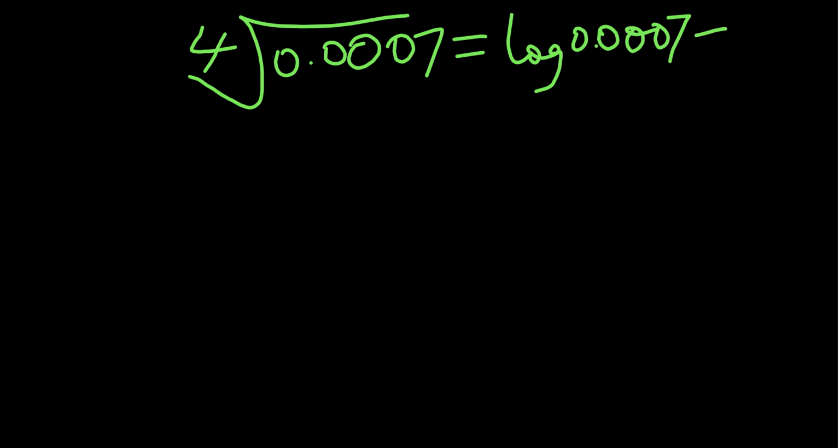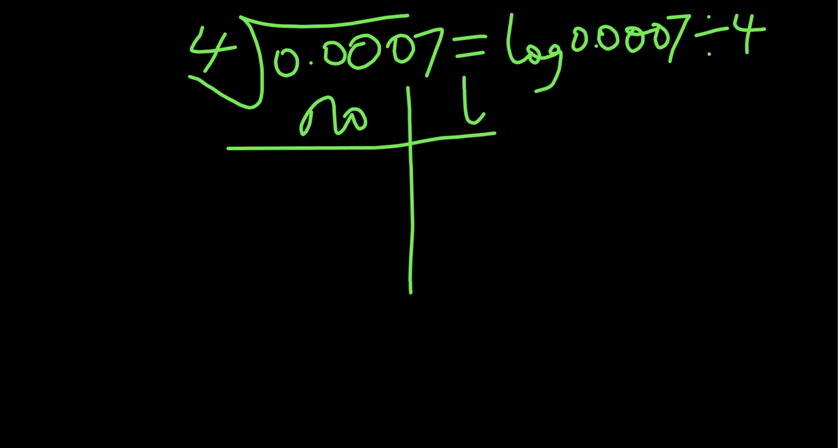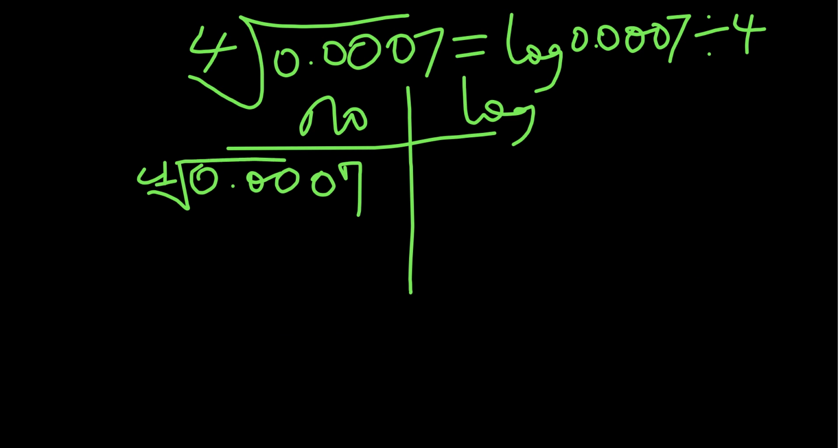You may have to draw the table of log, and you'll have to bring this one here, 0.0007, with 4. So you have to convert it to standard form like we always do, 3 4.